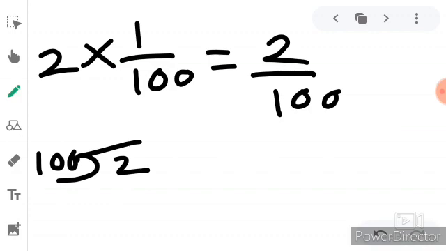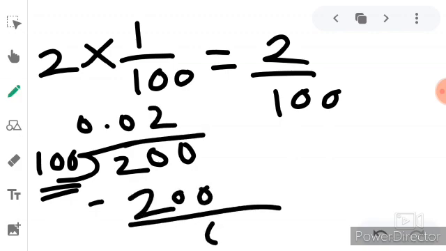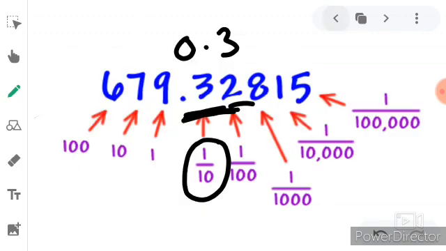So now here put the 0 and decimal point. Now again 1 0, then 0 here. Now read the table. 100 2s are 200 minus 0, means our value is 0.02. So the value of this 2 is 0.02.